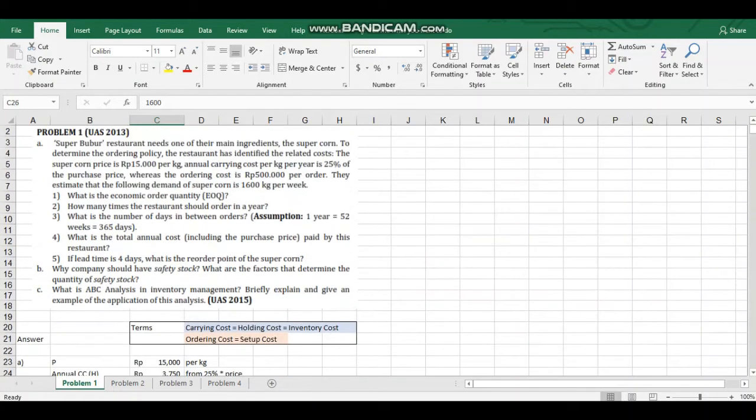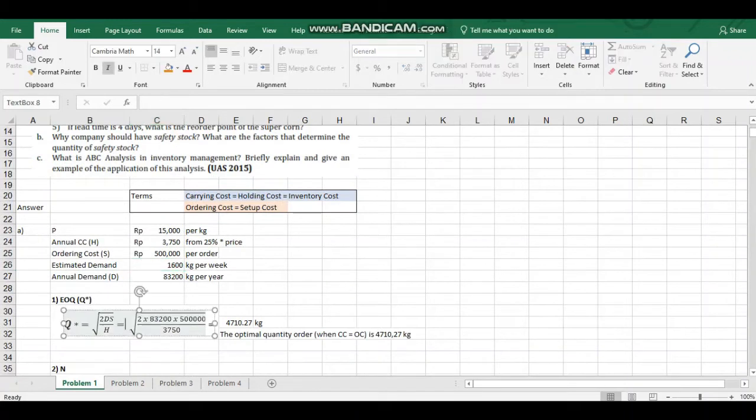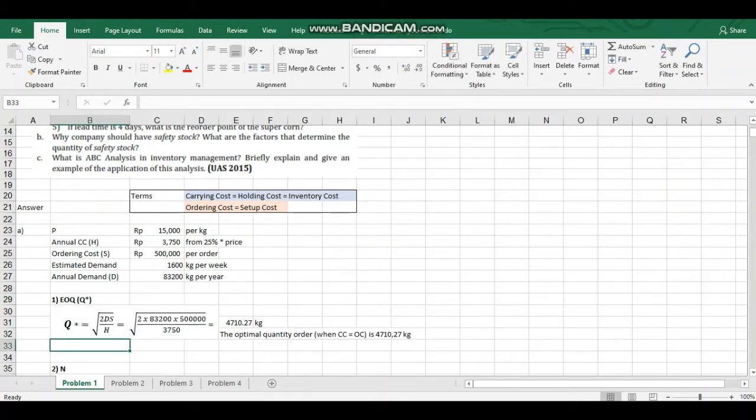The questions are: point 1, what's the economic order quantity or EOQ? To find the EOQ, we have to use this formula: square root of 2 times D times S divided by H. D is the annual demand, S is the ordering cost, and H is the carrying cost or holding cost.